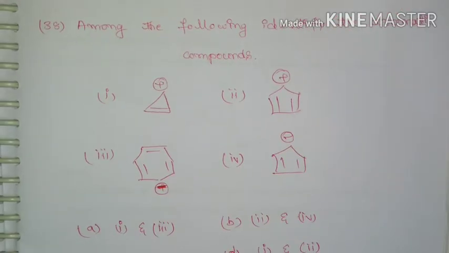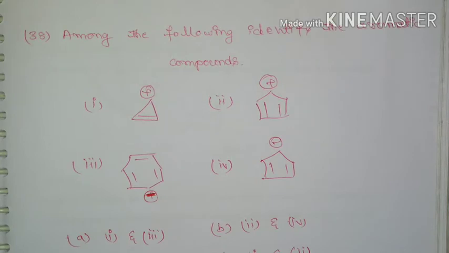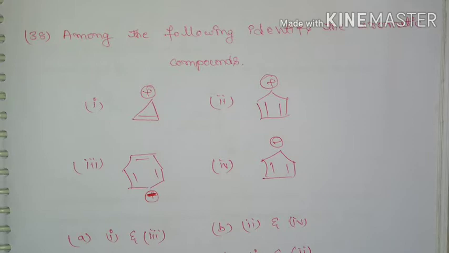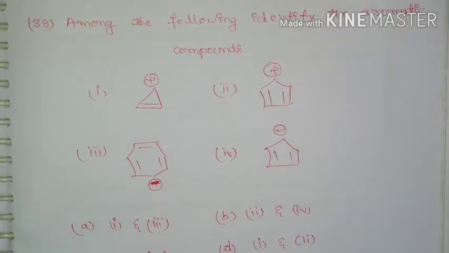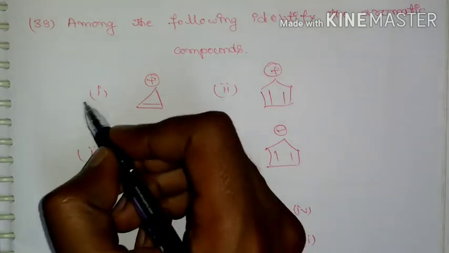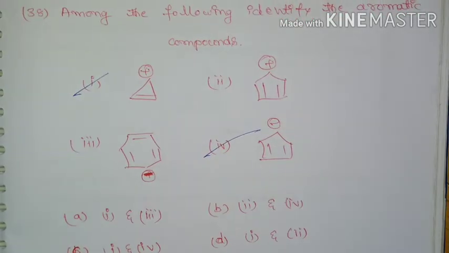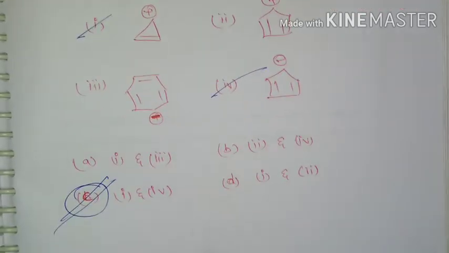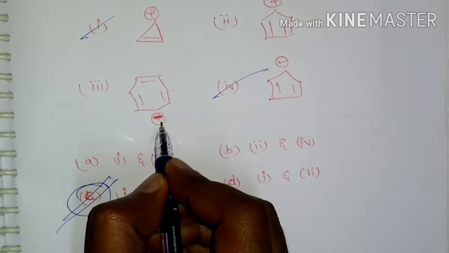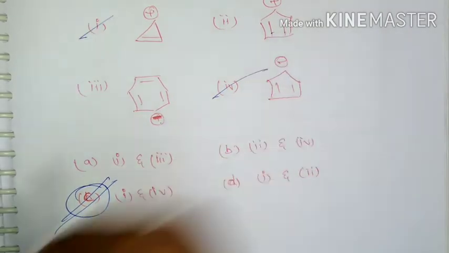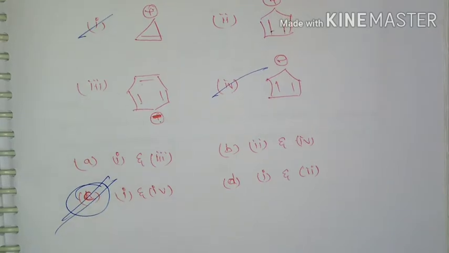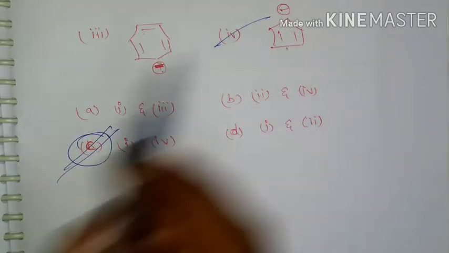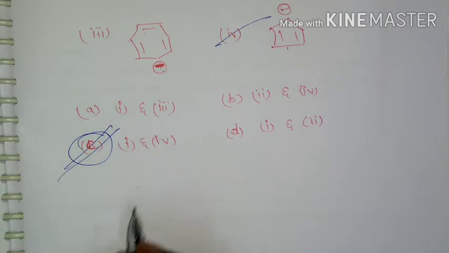And the next question: among the following, identify the aromatic compound. This question is completely based on aromaticity, and we need to identify which are the aromatic compounds, and it is very simple. So which are the aromatic compounds? 1 and 4. So which option is correct? Option C is correct. The remaining have 8 electrons and 4 electrons, so they will become anti-aromatic, and these two become aromatic according to Huckel's rule.